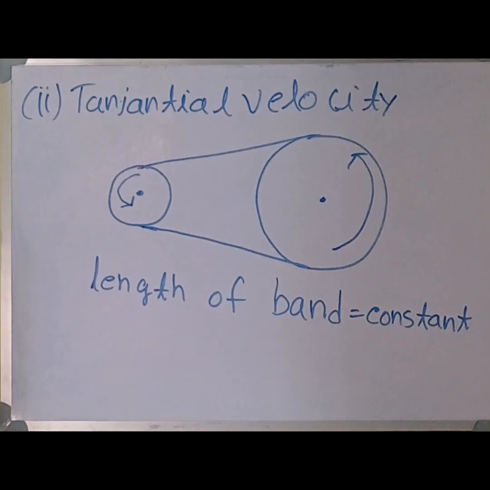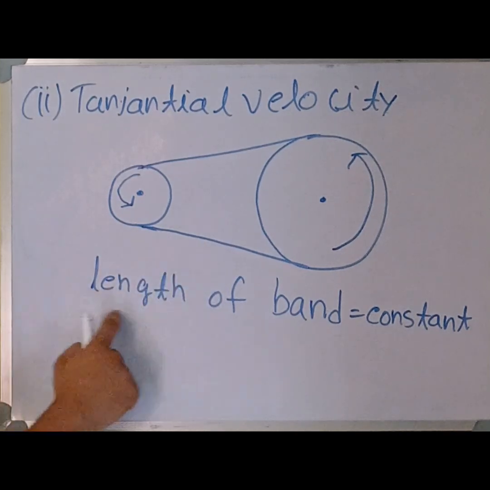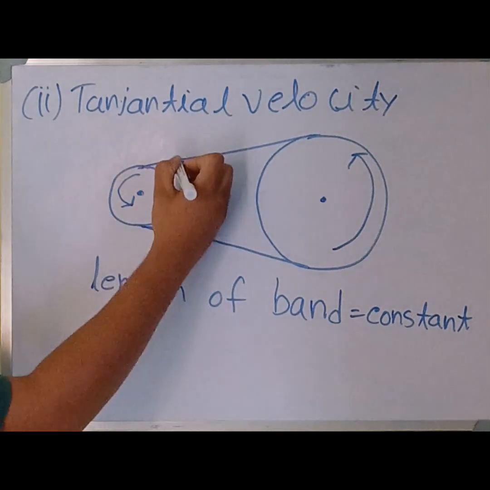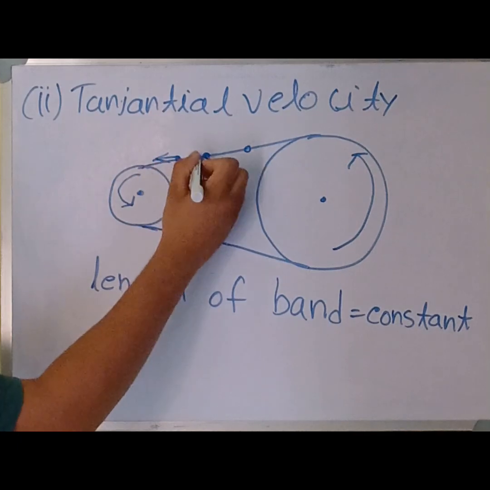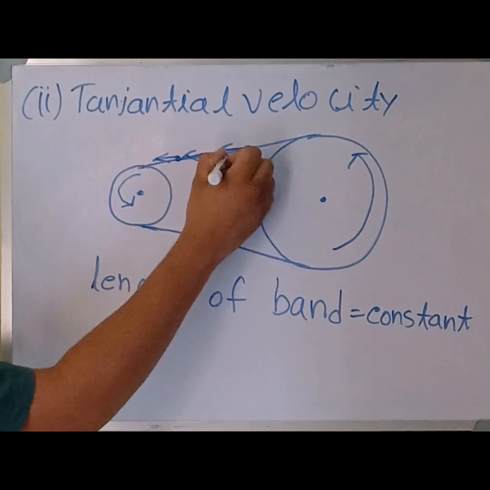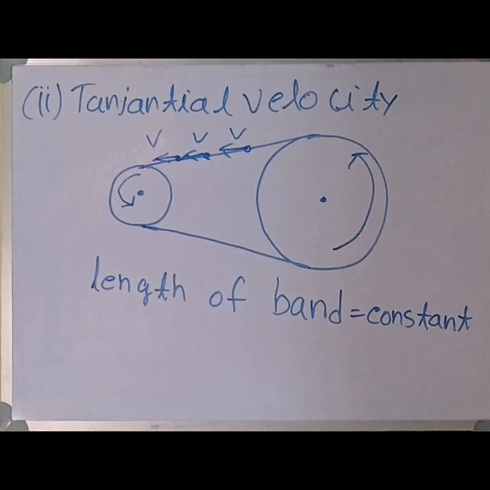Now, in the case of the machine, the length of the band or the chain was not changing, right? If it is not changing, that means each and every part of this band or chain is moving with the same velocity.